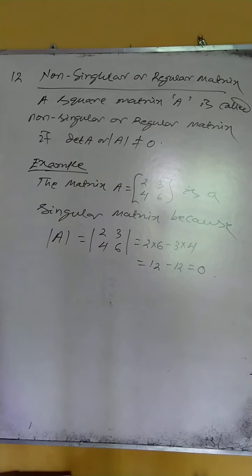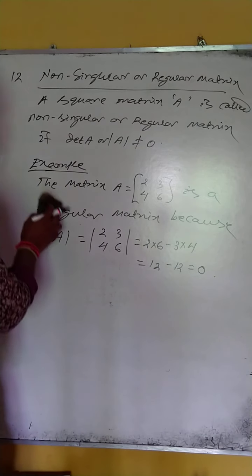If the determinant value of a square matrix is not equal to 0, then it is called a non-singular matrix.